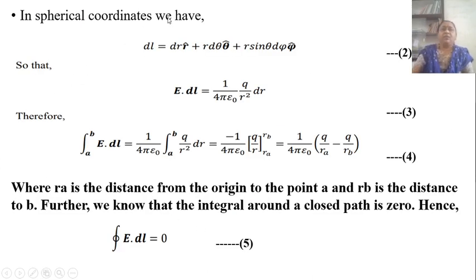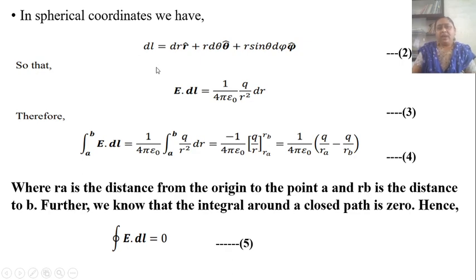In spherical coordinates we have dl equal to dr r cap plus r d theta theta cap plus r sin theta d phi phi cap, that is the value of dl in the spherical coordinate system.